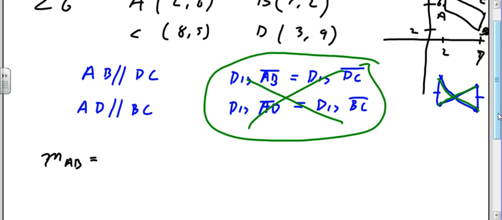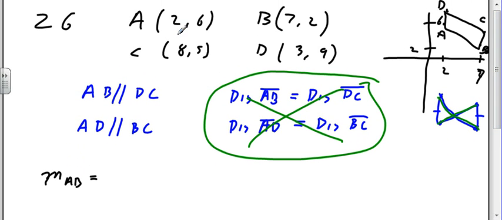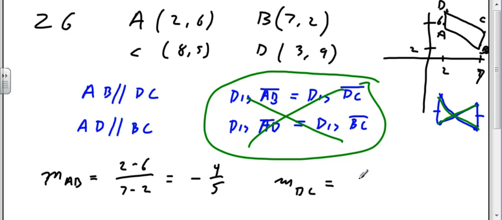Okay, so change in y, 2 minus 6, divided by the change in x, 7 minus 2, gives me a minus 4/5. And then we want the slope of DC.